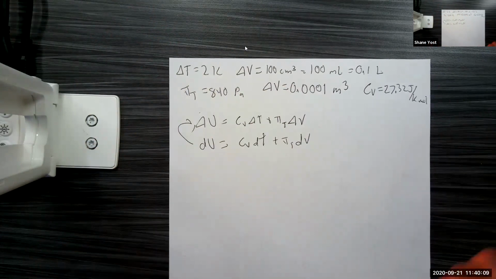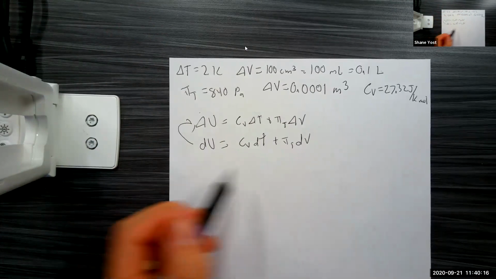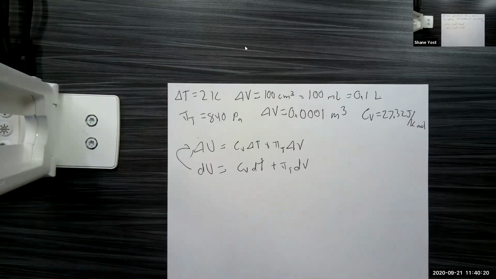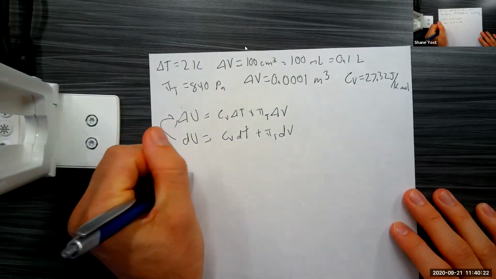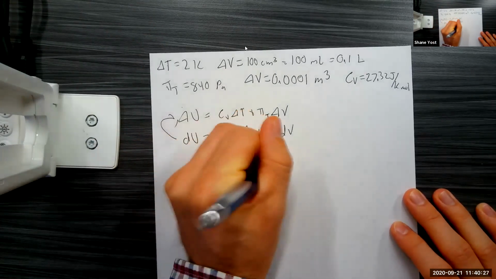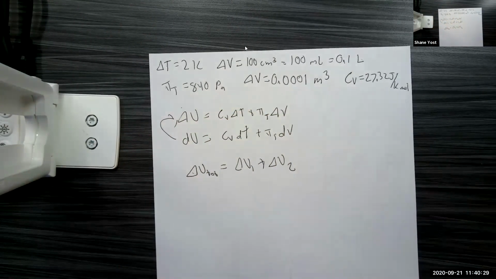If you're not comfortable with that integration, think of it this way: delta U total is equal to delta U1 plus delta U2. Internal energy is a state function, so how I do my change doesn't matter.